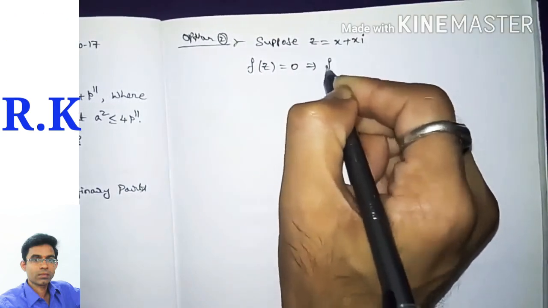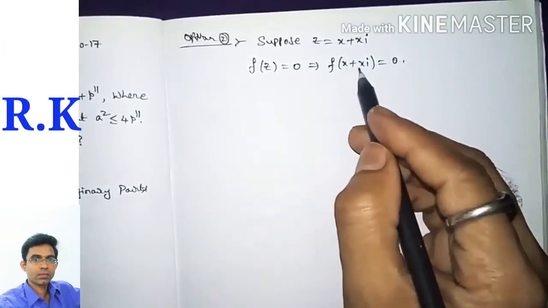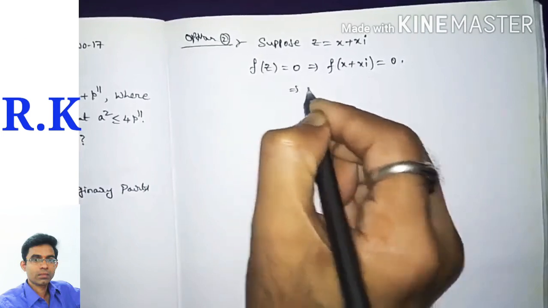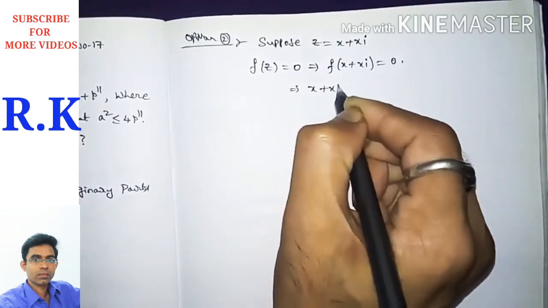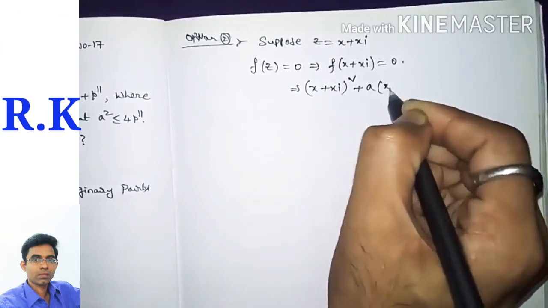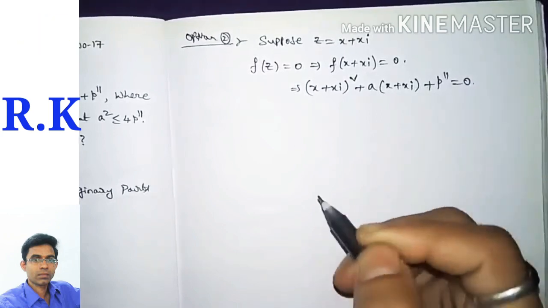From this we can write f of x plus xi is equal to 0. Now substitute in place of z, x plus xi, we get x plus xi whole square, that means z square, plus az, means a into x plus xi, plus p to the power 11 is equal to 0.